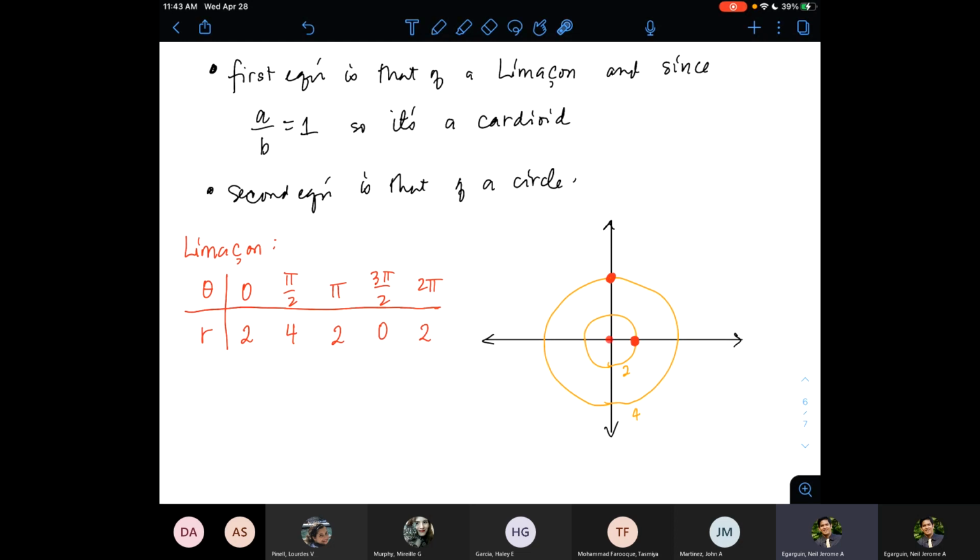At pi, which is here, I need to travel 2 units because r equals 2, so the point will be on the smaller circle. And then when theta is 3 pi over 2, we're here, so that means r is 0. And then we'll be back here at theta equals 2 pi. So basically the graph will look like this.